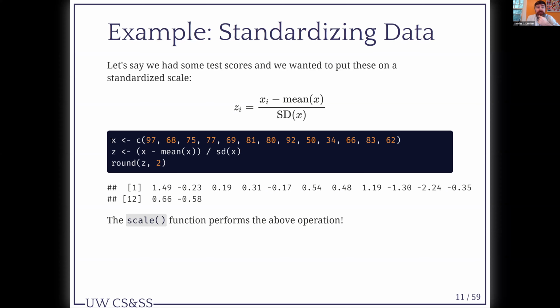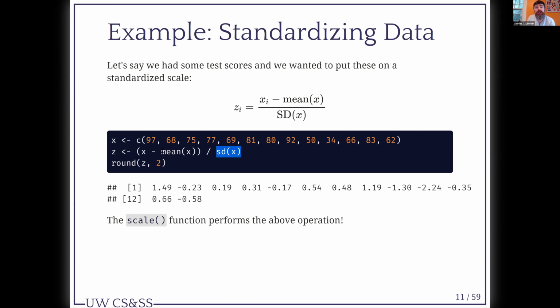So let's say our test scores are these 13 values that look like this, and we want to standardize them. I would take x, that is each individual value of x, subtract its mean, and divide all that by its standard deviation, okay? What's interesting about this, if you think about it, is that x right here is 13 numbers. Mean here is one number, and standard deviation is one number.